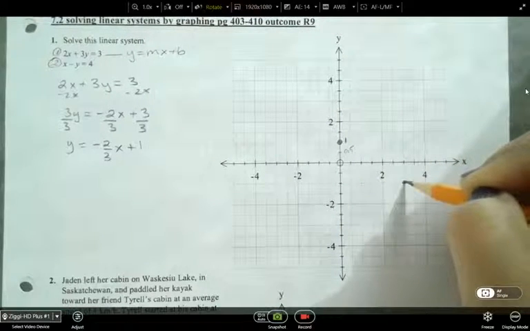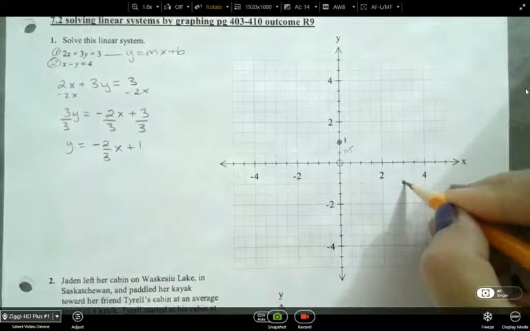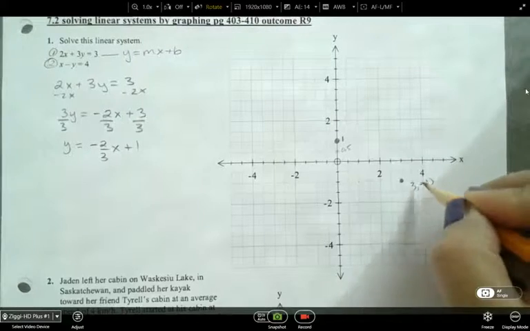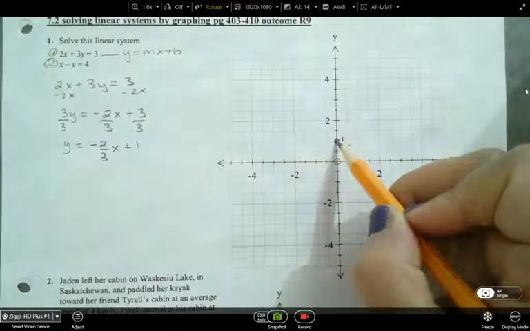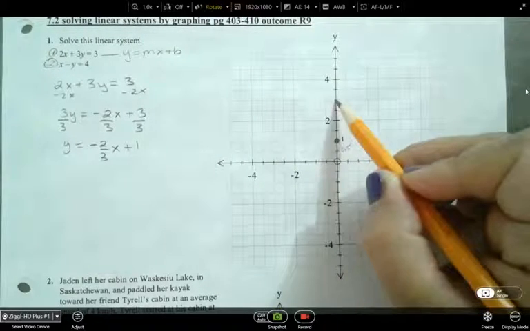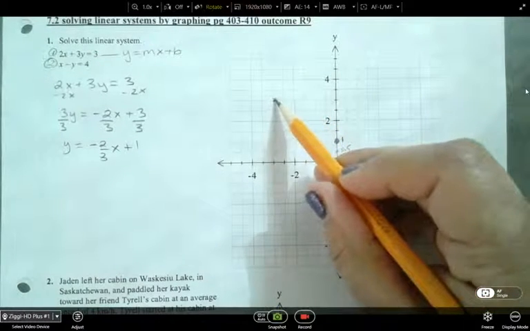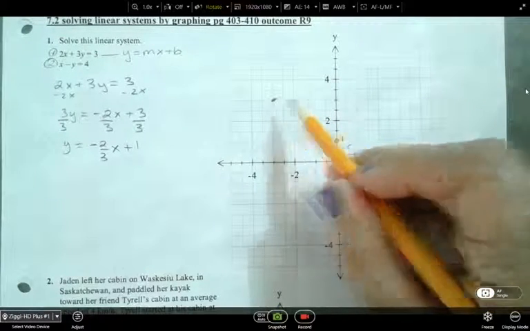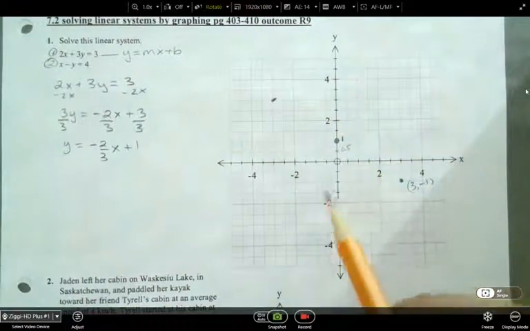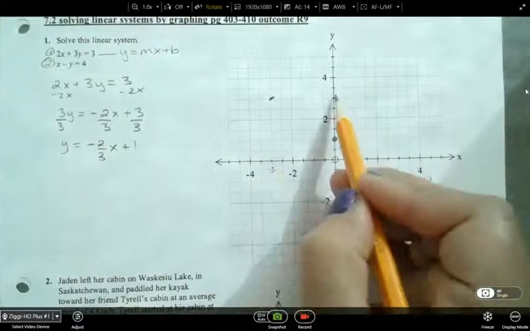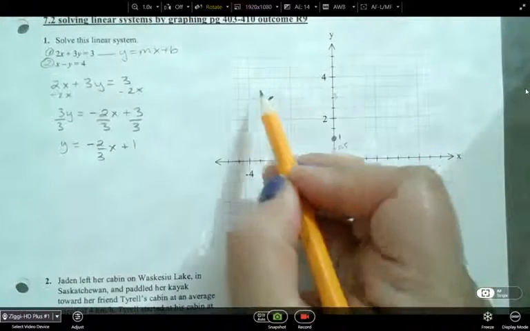That's where my next point is. So what's this point right here? 3 and negative 1. And if I want, I could go up in the opposite direction, so up 2 and then over 3 again. What is this point way over here? That's negative 3 and 3.